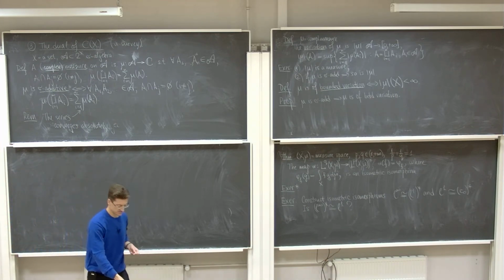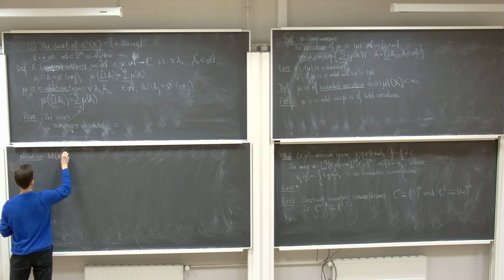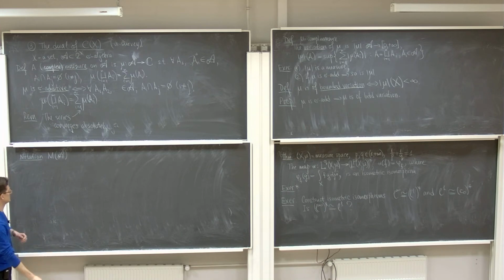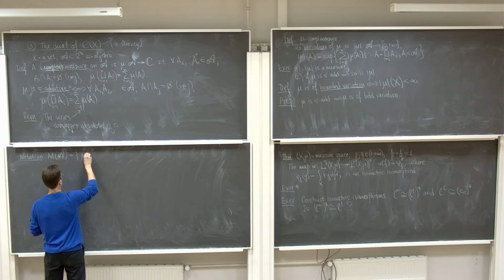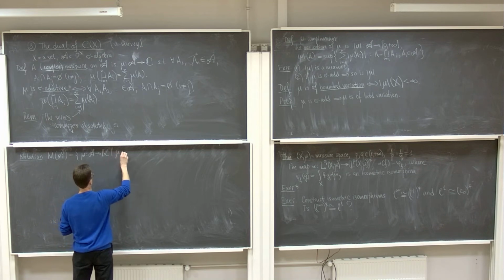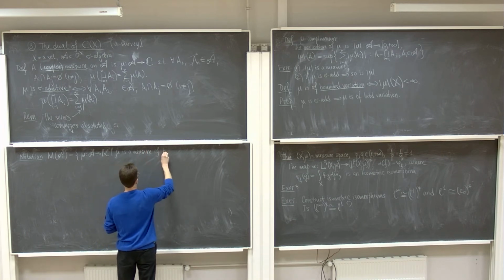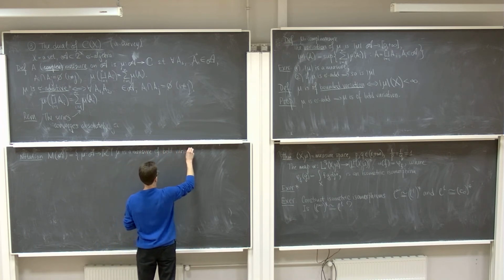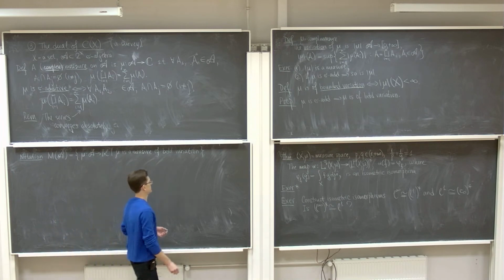Let's now introduce some notation. We denote by M(A) the set of all K-valued measures of bounded variation, where, as usual, K is either the field of real numbers or the field of complex numbers.